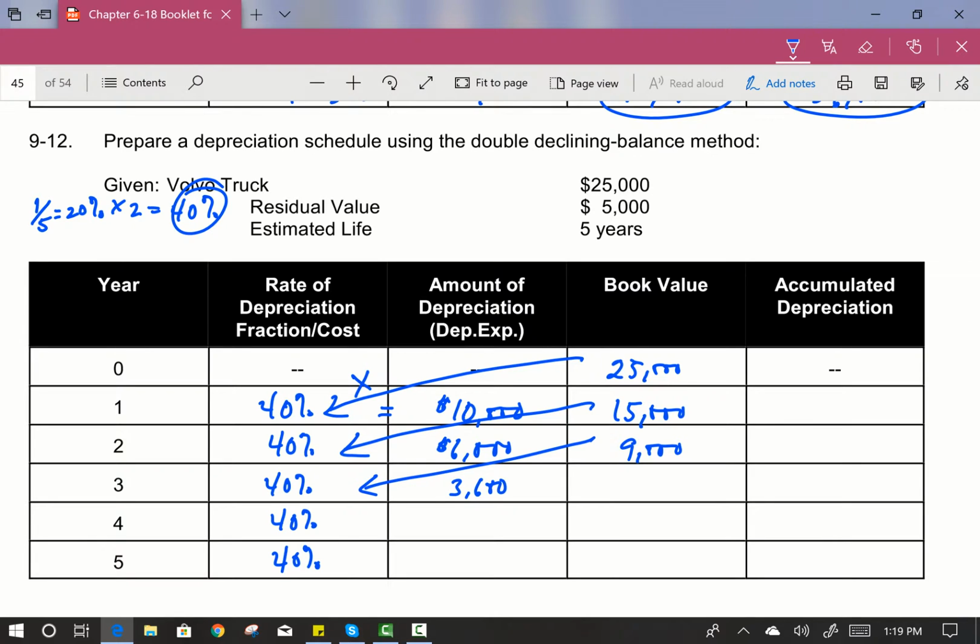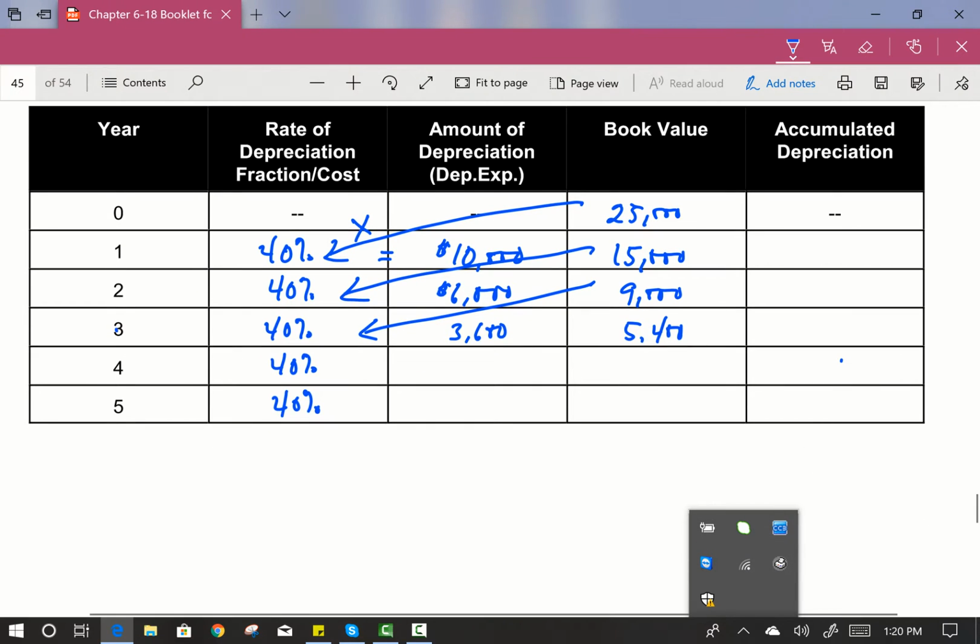Then I'm going to subtract 3,600 from 9,000, and that'll give me $5,400 for the book value at the end of the third year.